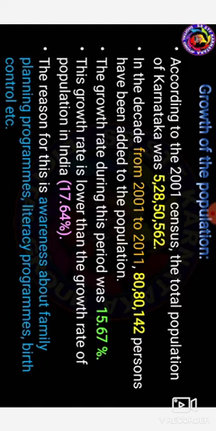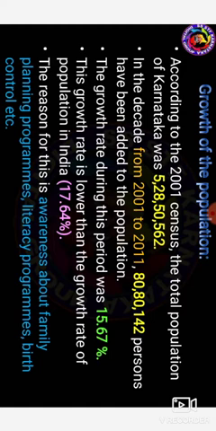So during this period the growth rate is 15.67 percent. The growth rate of Karnataka, 17.64 percent, is lower than this, so the population growth in India is lower.